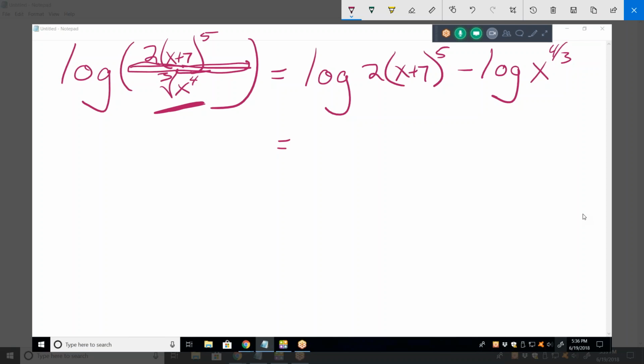The only thing raised to the 5th power is the x plus 7. So the only thing you can do immediately is to bring that over and stick it in front of the log function. That's rule 3. That's the most important one, actually.